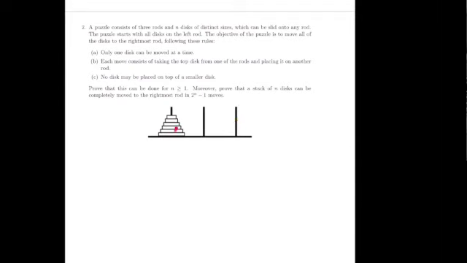And the way that I'm allowed to move these is I can't put any disk on top of a disk which is smaller than it. And the claim here is that we can do this no matter how many tiles we have. And moreover, we can actually show how many moves it will require to do that.